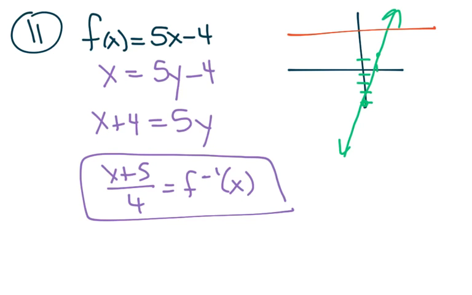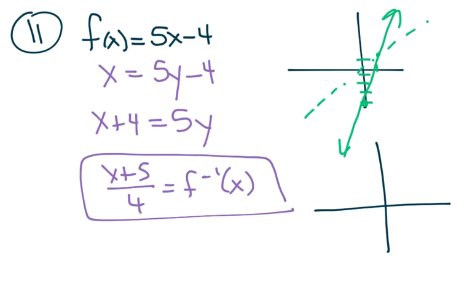Or the other thing that you can do is you can graph the new function, which is going to look something like, if that's the original function, then the new function, I'll use a different color, must look something like this.